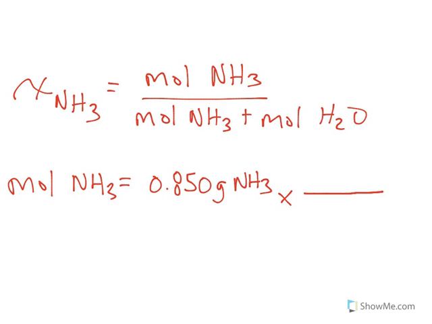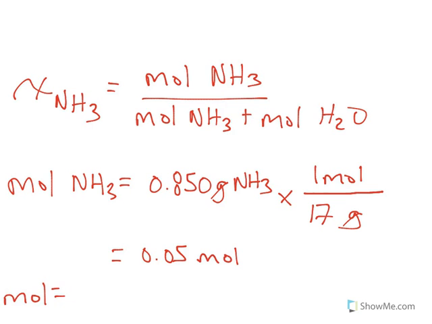The formula weight of ammonia is 17, and that comes from one nitrogen atom having a molar mass of 14, and then we have the 3 hydrogens, so that gives us 17 grams per 1 mole. All right, so our grams cancel, and I get 0.05 mole for my ammonia.